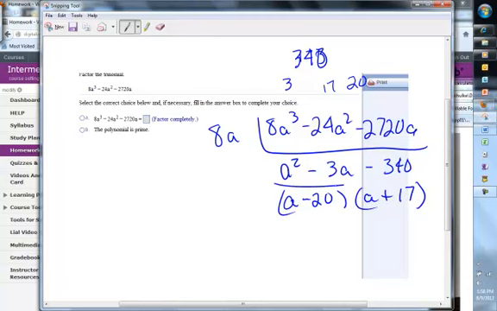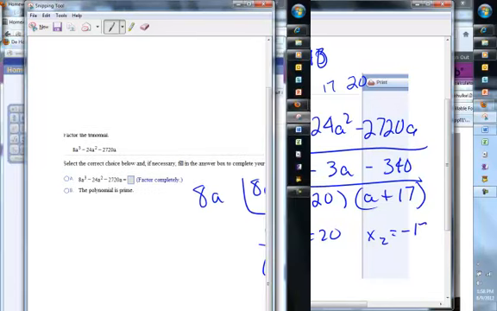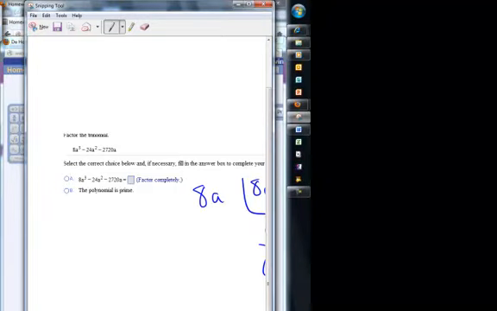Let's enter this on our calculator. Mode 5, 3, 1, negative 3, negative 340, and it says x1 is 20, x2 is negative 17. Now, probably the most common thing people do wrong on this kind of problem is they get the wrong letters into their answer.